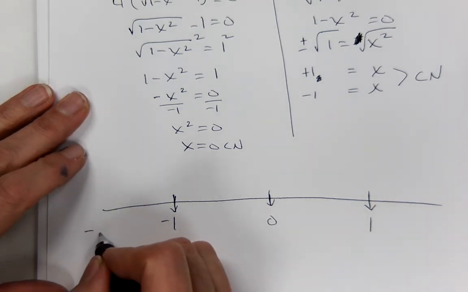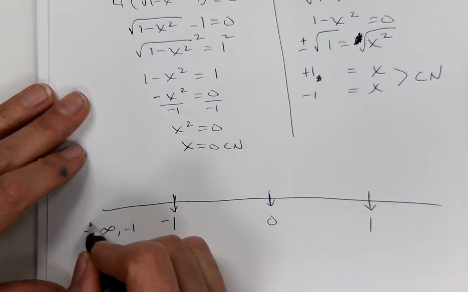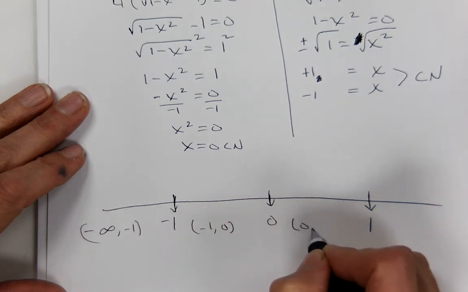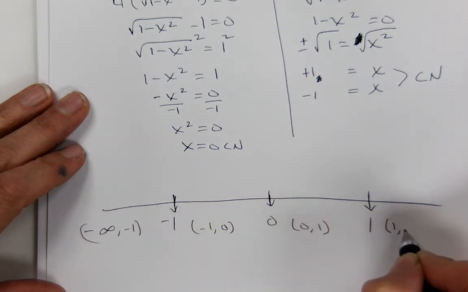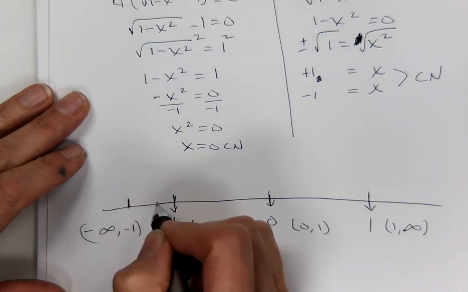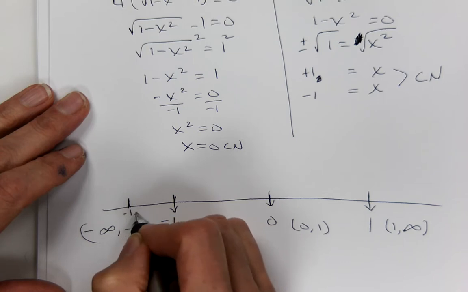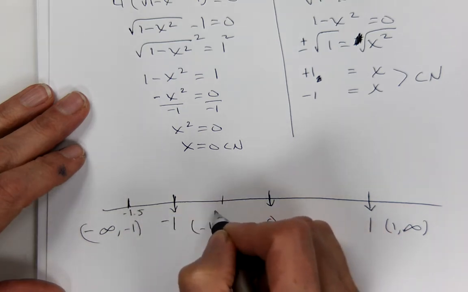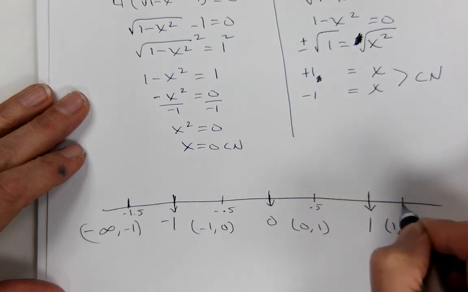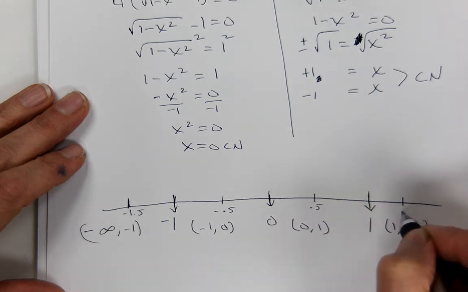So your intervals that you're checking are from negative infinity to -1, from -1 to 0, from 0 to 1, and from 1 to infinity. And you're going to take test values in there. So -1.5 maybe, -0.5, 0.5, and 2.